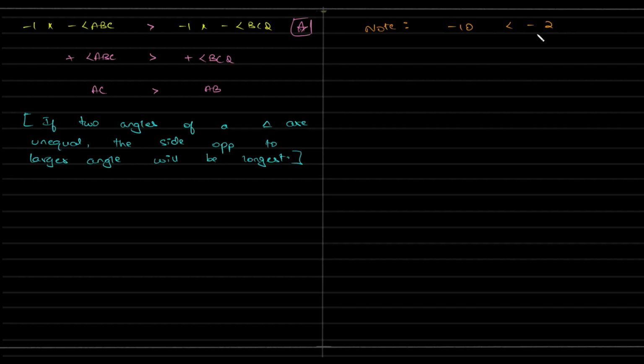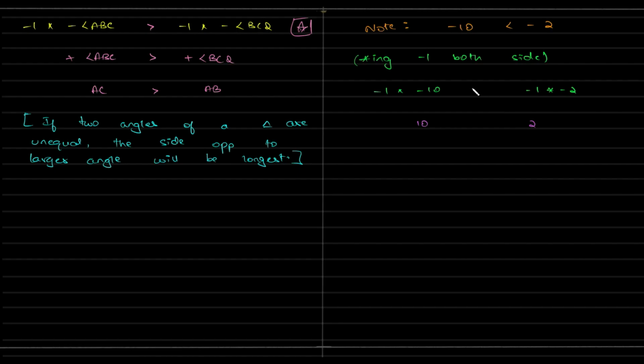Is this correct? Think about it. It's correct, right? Now let's multiply by -1 on both sides. What happens? -1 times -10, -1 times -2. So what is this? +10 and +2.